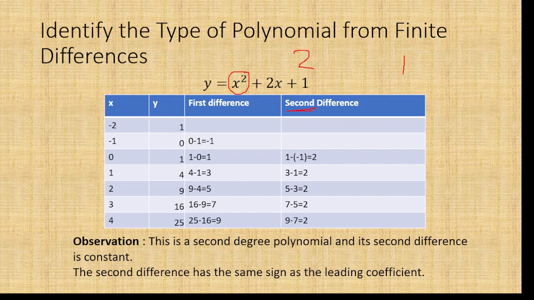The leading coefficient is positive 1, a plus sign. We can also see that the second difference which we get also has a positive sign in front of it. It is plus 2. So both the second difference as well as the leading coefficient have the same sign. This is just an observation that we have taken. Maybe we come to a conclusion later. So now let's look at other examples.